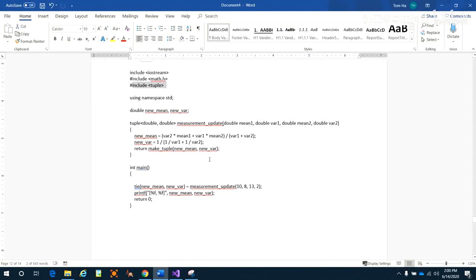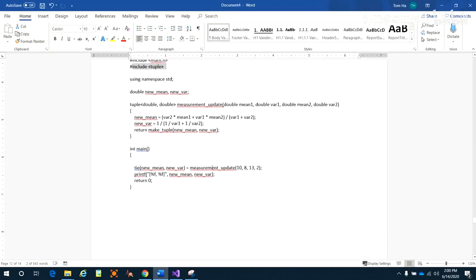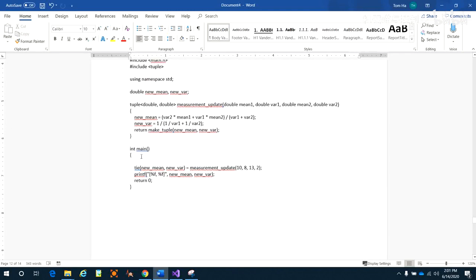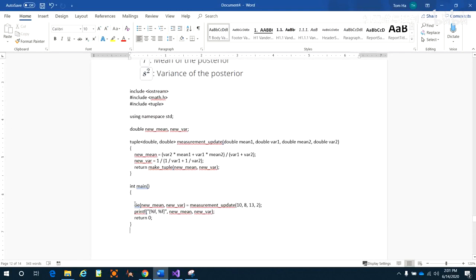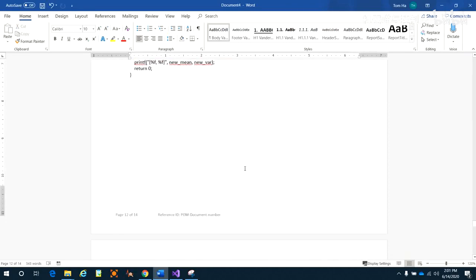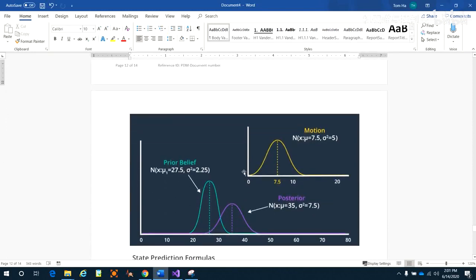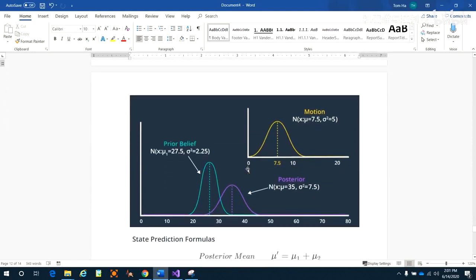It helps you in this code. You plug into the formula, so you return the new mean and new covariance. That's it. And I will attach the link where you can read about the tuple to know a little bit about this in C++. Okay, that's the measurement update.